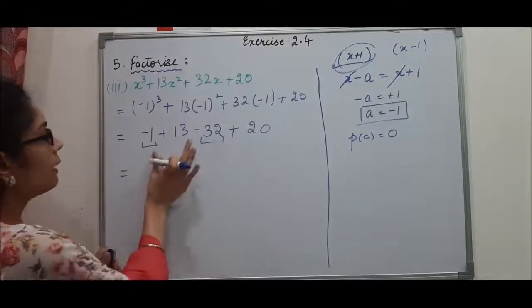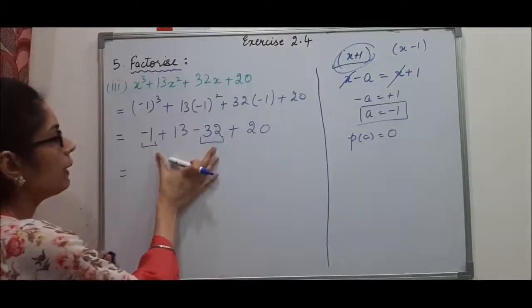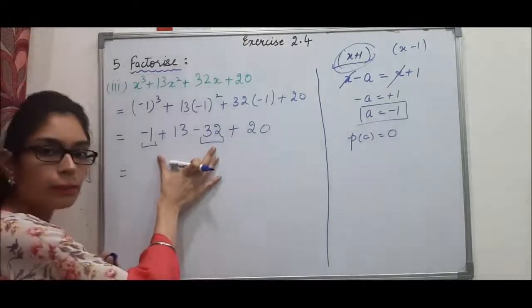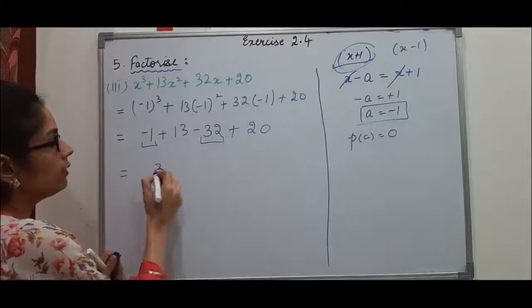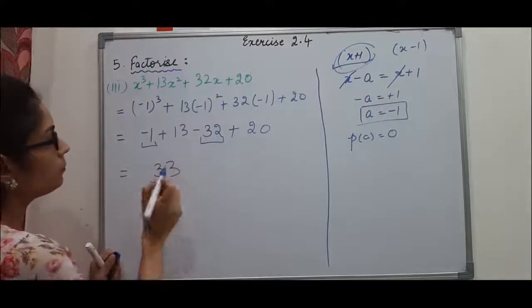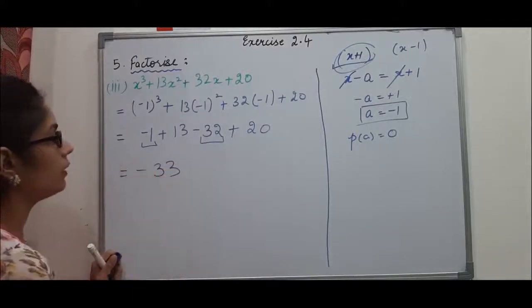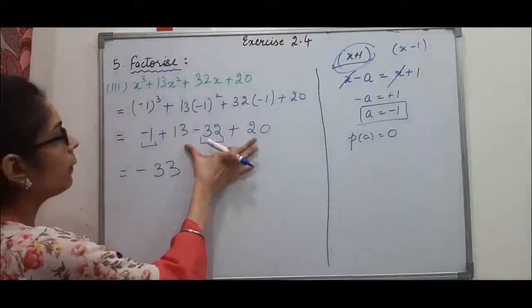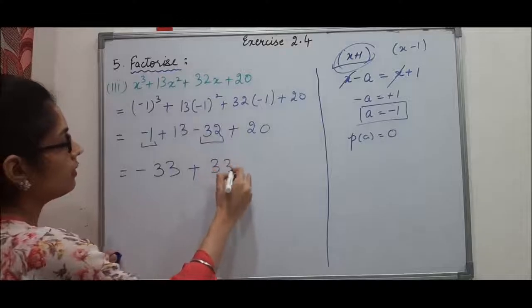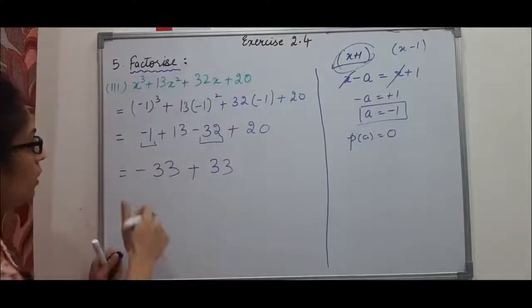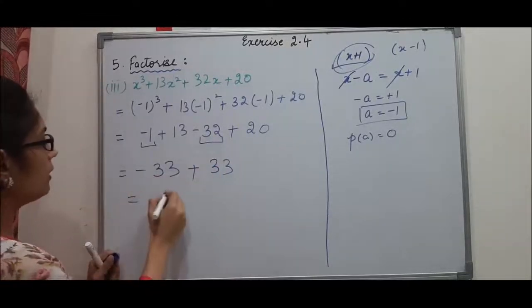Minus 1 minus 32 gives minus 33. 13 plus 20 is again 33. So minus 33 plus 33 is 0.